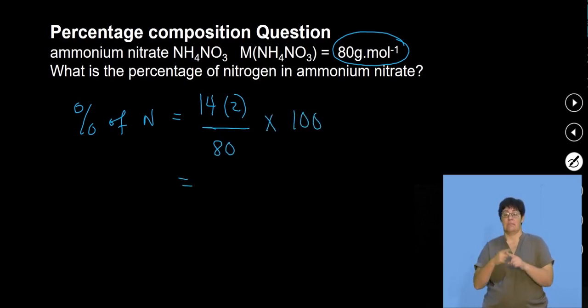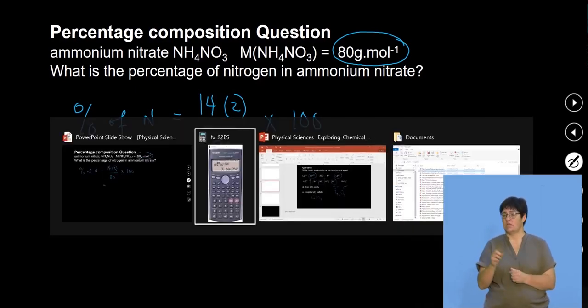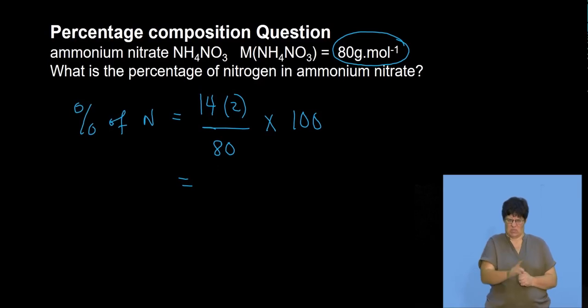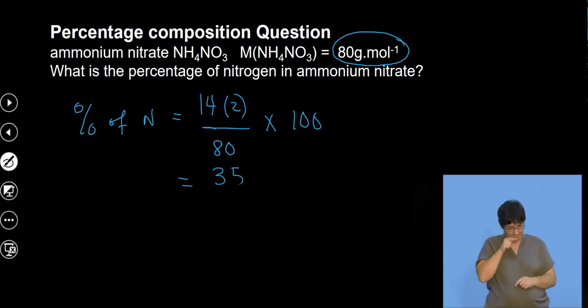On the calculator, 14 times 2 gives 28, divided by 80, multiplied by 100, which gives us 35%. It means that 35% of this 80 grams per mole is nitrogen.